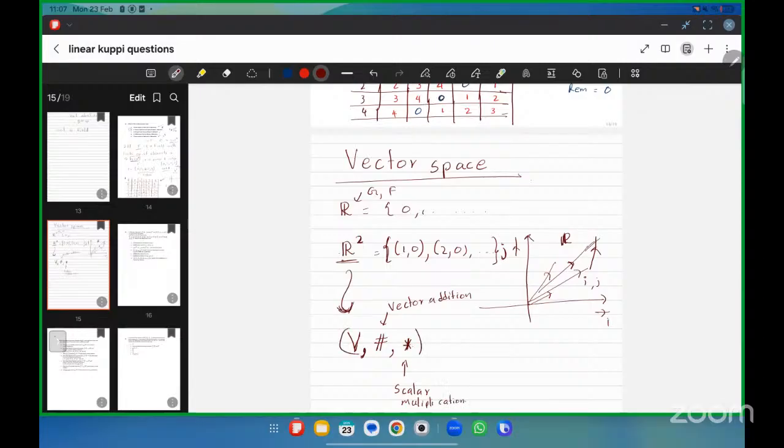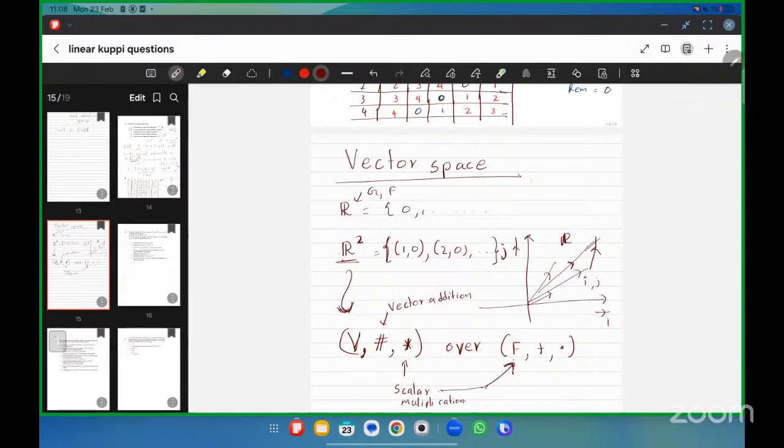And over, so we have to define what those scalars are. That's why we need another field. So over F, plus and dot. We are doing scalar multiplication of F with V and getting the output.